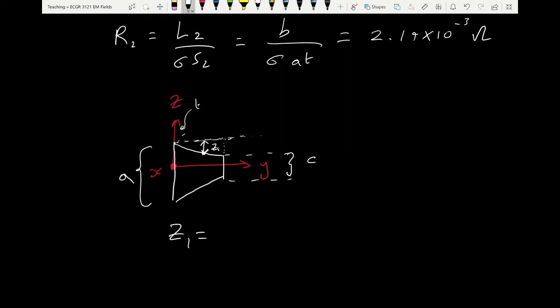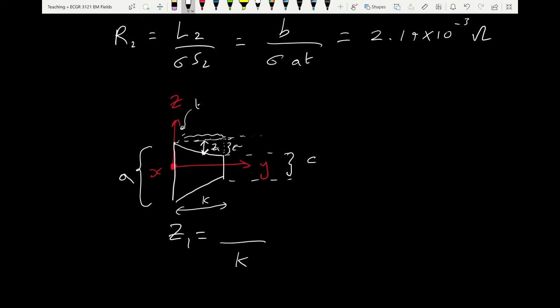I assume this is a straight line, so I need to find the slope of this straight line from the perspective of this dotted line. So the slope is this distance divided by this distance. Oh, by the way, the width here is k. Okay, so what is the slope? The slope is going to be something divided by k, right?